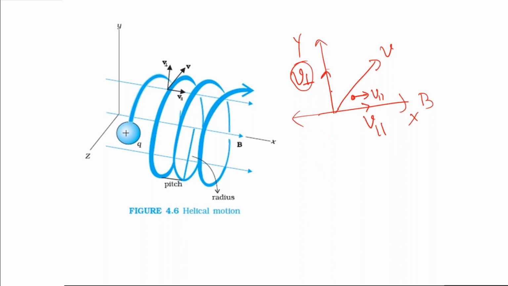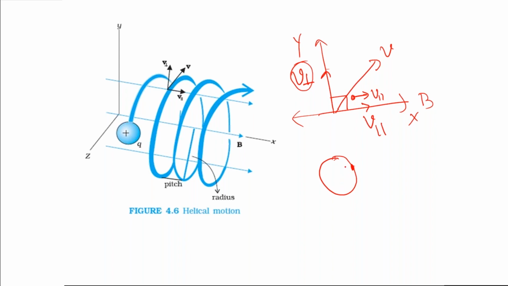Because v perpendicular is perpendicular to b, this will experience a Lorentz force, which, as I told you, acts such that the charged particle should undergo a circular motion.